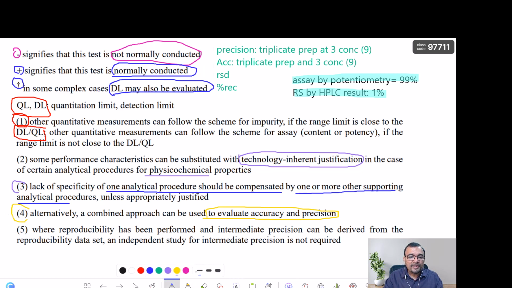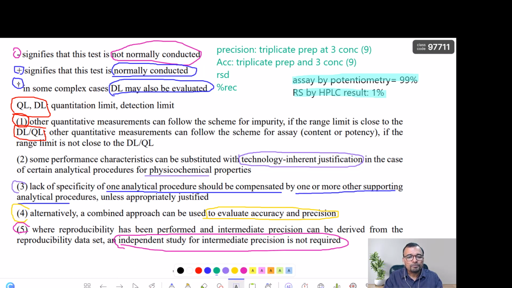The next point is the fifth one. Where reproducibility has been performed, intermediate precision can be derived from the reproducibility dataset, and an independent study for intermediate precision is not required. Right? Now, how can precision be demonstrated, by the way?